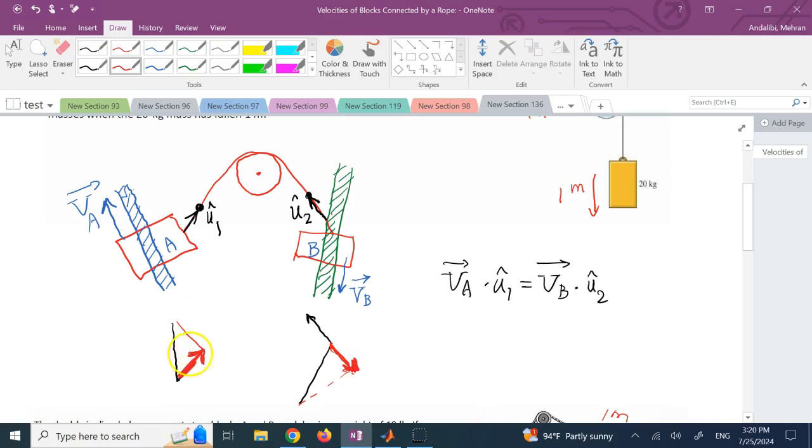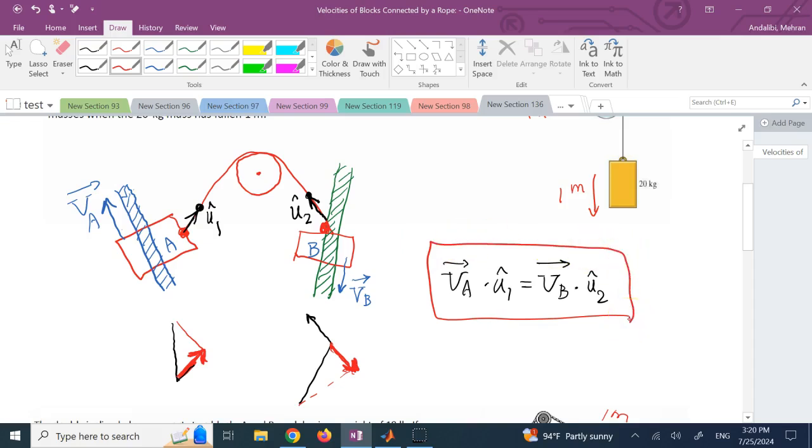They should have the same magnitude, because if they don't, that means this point attached to A is being pulled more than the point attached to B, which is pulled the other way. If that's the case, then the rope has to be stretched, which is not possible. So this is your answer.